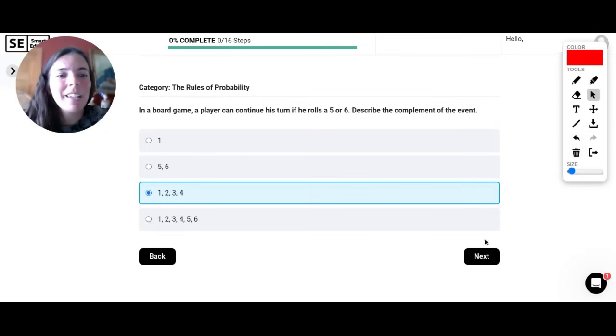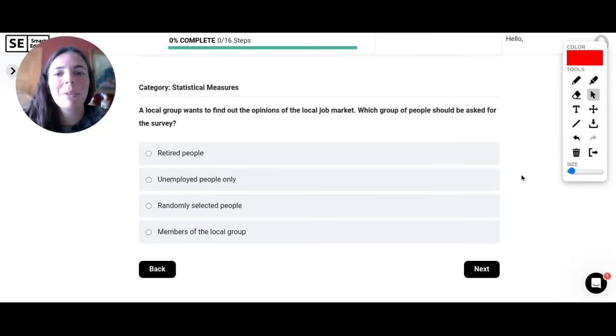Okay, so let's keep it moving here. We got a few more questions. A local group wants to find out the opinions of the local job market. What group of people should be asked for the survey? So if we want to find out about the local job market, who are the best people to ask? Retired people. Well, do they have much information about the job market right now? Probably not. Unemployed people only. Well, that sounds like it could be kind of biased because you're only talking about people who are having trouble finding a job.